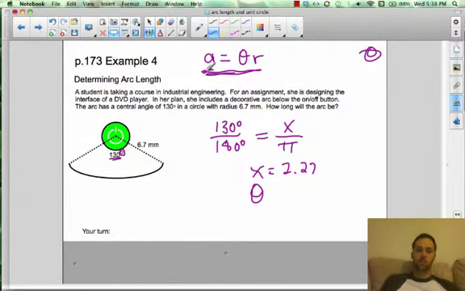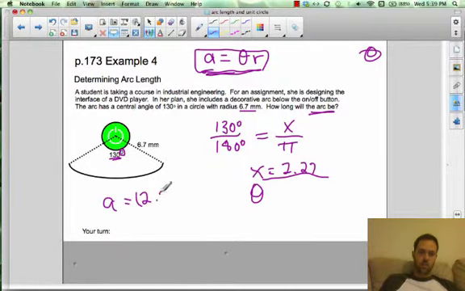So now we can use this formula. We want to calculate the arc length, and this is the information that we're given. We now have the angle expressed in radians. So arc length is 2.27 radians multiplied by the radius, which is 6.7 millimeters.